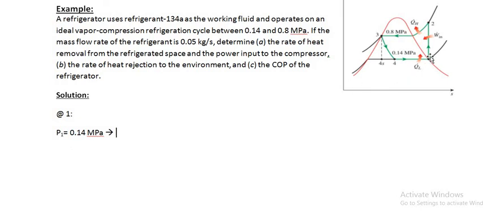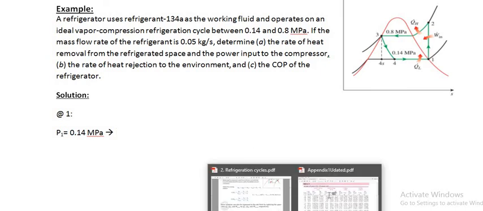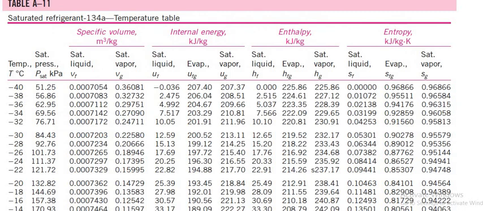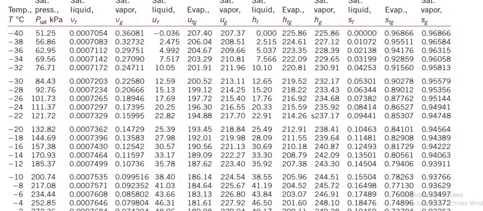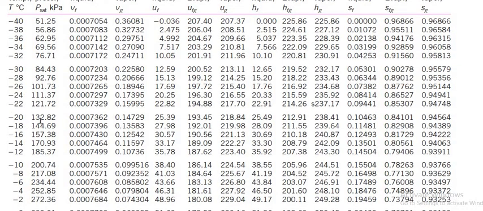So we open the property table here. We have opened the saturated refrigerant table, which is Table A-11, and we'll see the corresponding values. So the pressure is 140 kPa, which is here, and we have to find hg. This is it, the value between these two.